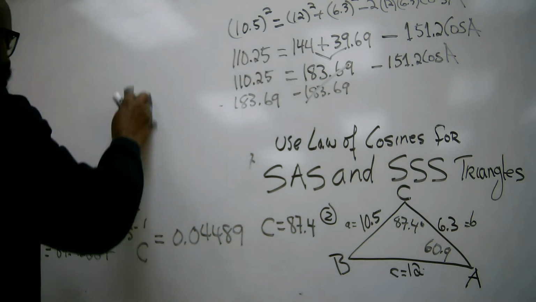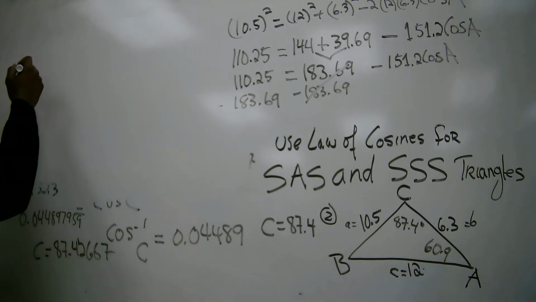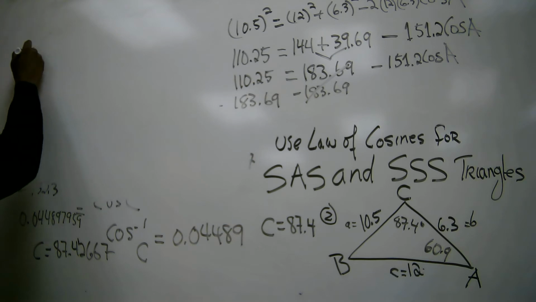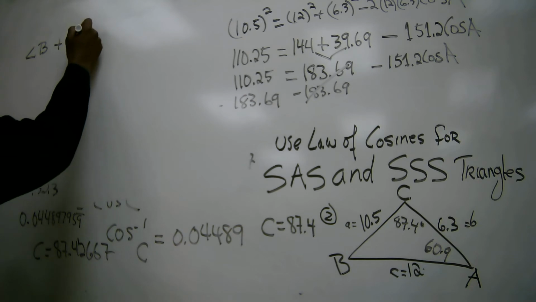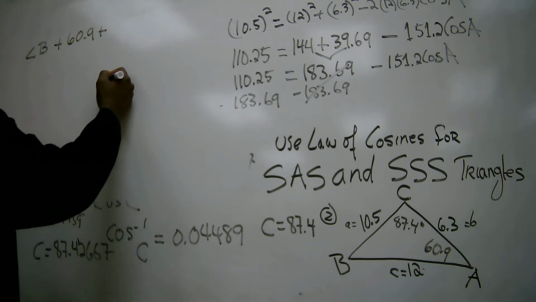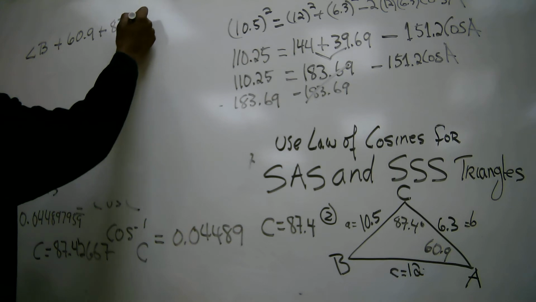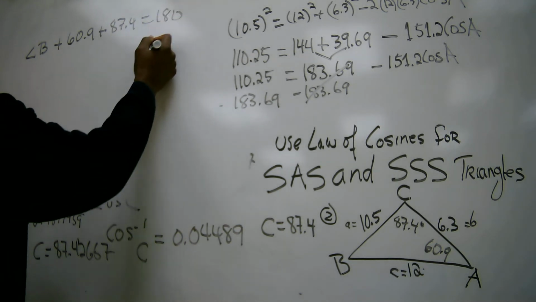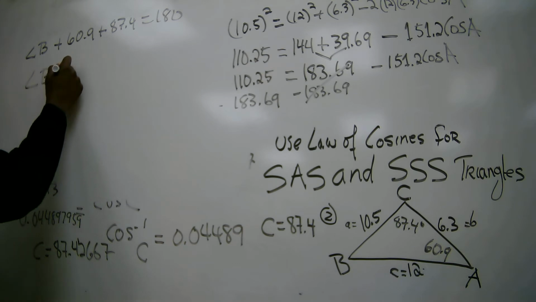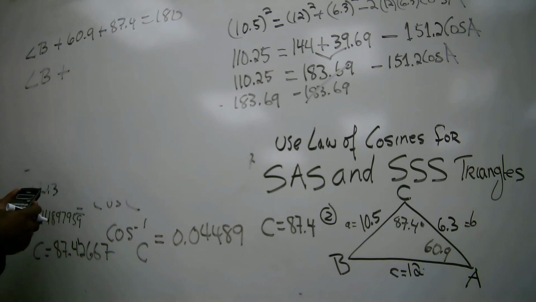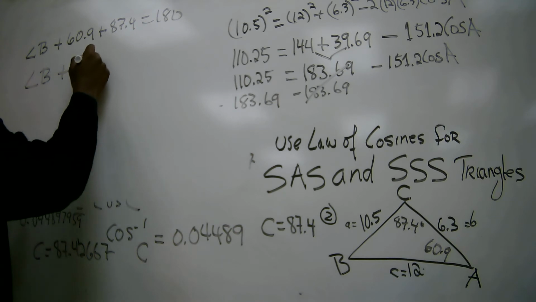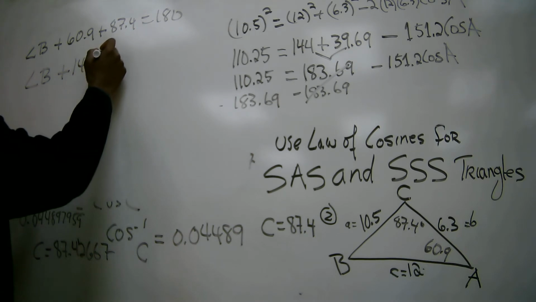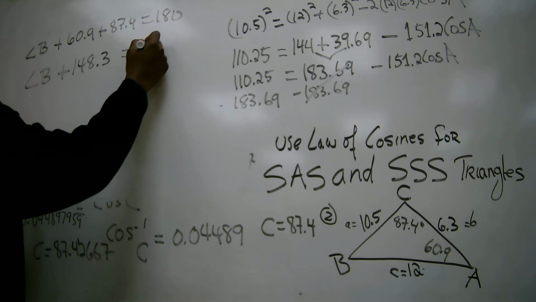To find angle B, as you know, angle B plus angle A, 60.9, plus angle C, 87.4, is going to equal 180. 87.4 plus 60.9 will give you 148.3, and angle B plus 148.3 is equal to 180.